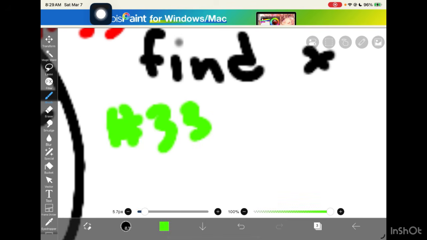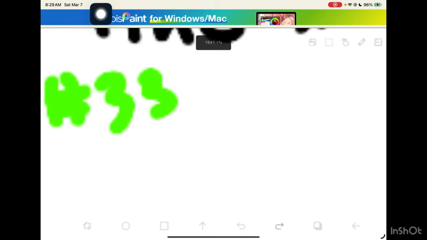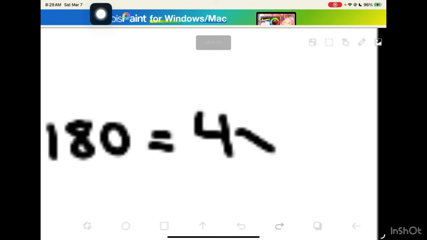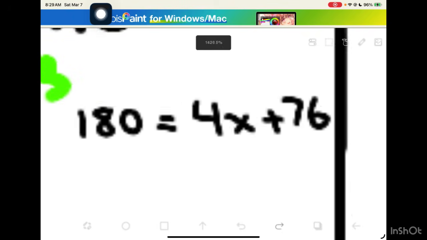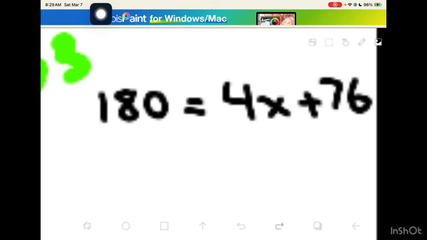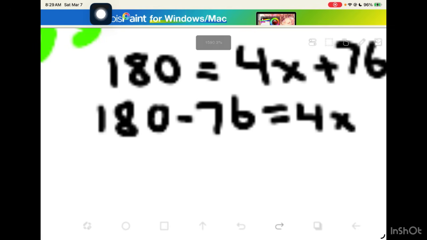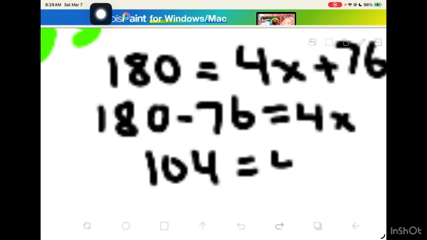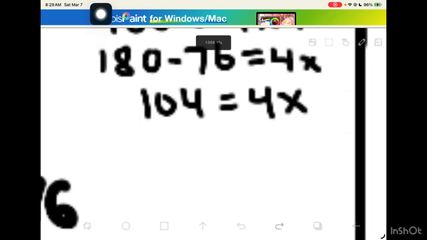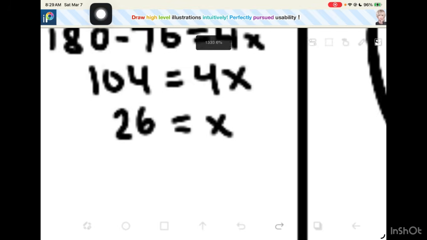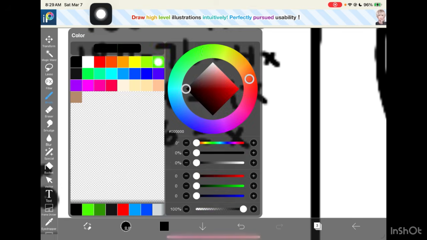Remember that a semicircle is 180 degrees. So we can just say 180 is equal to 4x plus 76. Then once you transpose 76, we get 180 minus 76 is equal to 4x. Simplifying that, we get 104 is equal to 4x. And then once we divide both sides by 4, it's 26 equals x.